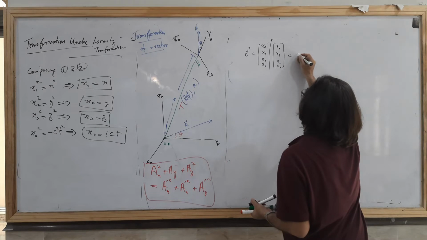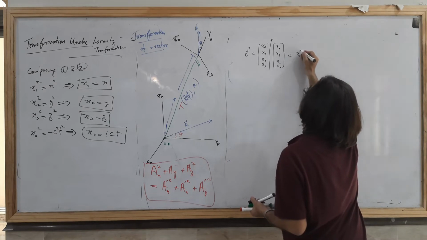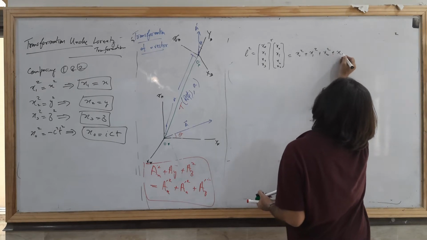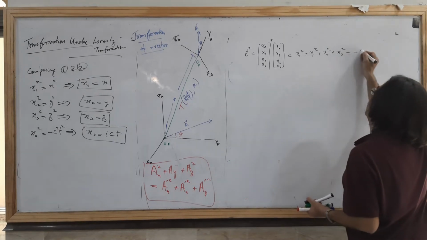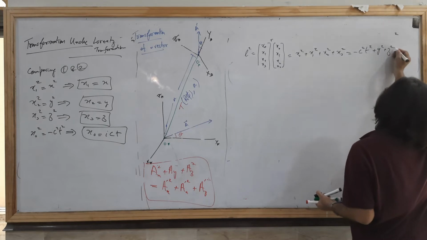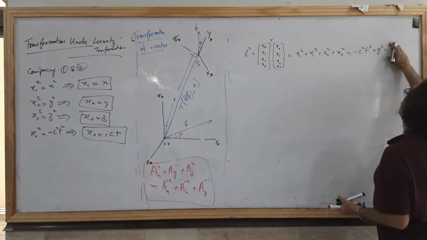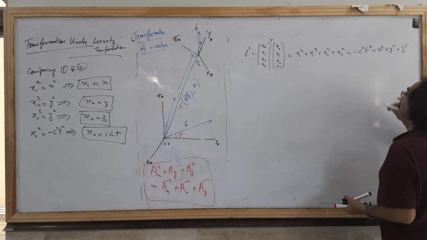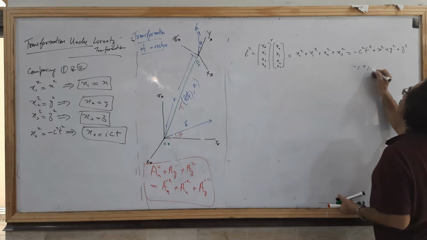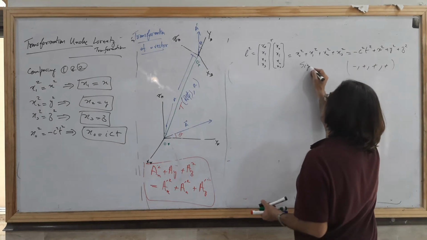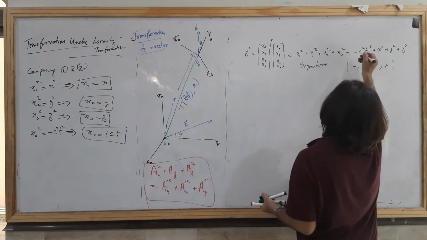That will be x naught square plus x1 square plus x2 square plus x3 square, which is equal to minus c square t square plus x square plus y square plus z square. This is defined as the signature minus plus plus plus, because the first is minus 1.